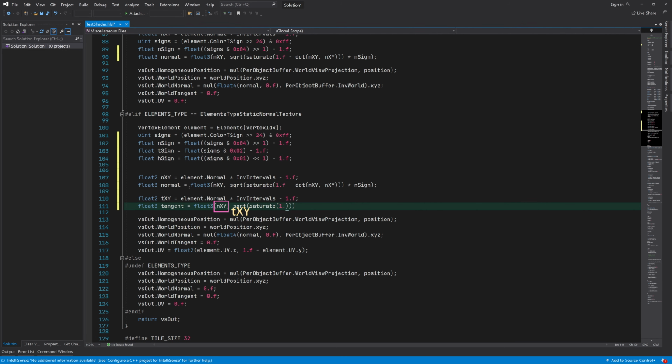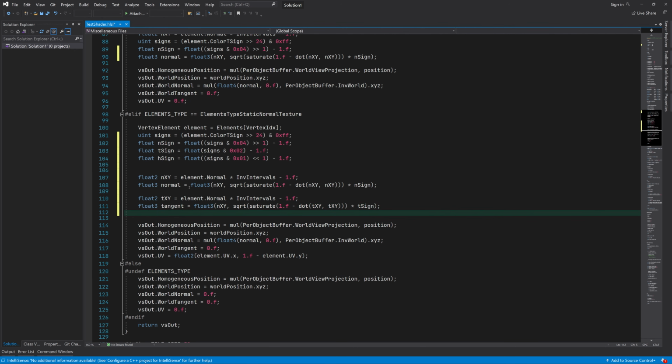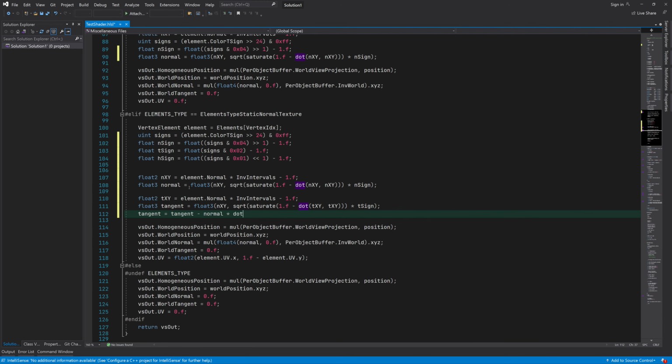It's possible that the two vectors are not orthogonal anymore because of the loss of precision during packing and unpacking. We can use the Gram-Schmidt orthogonalization here again in order to restore their perpendicularity.